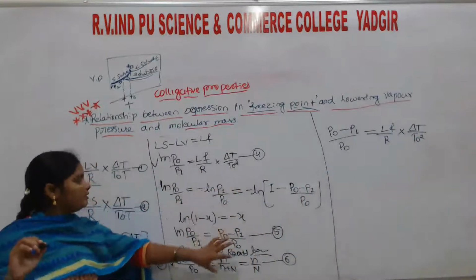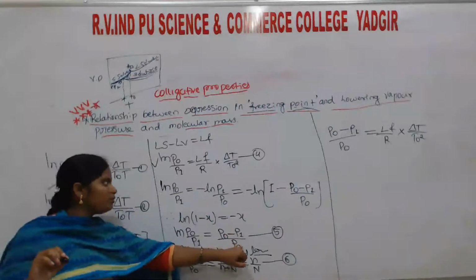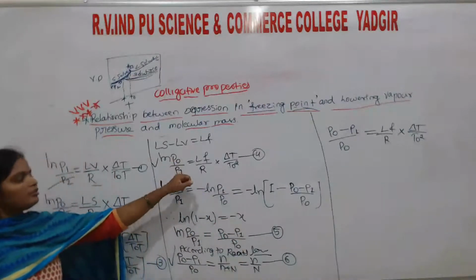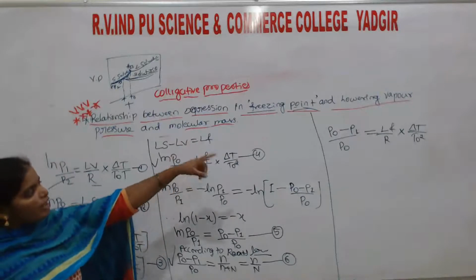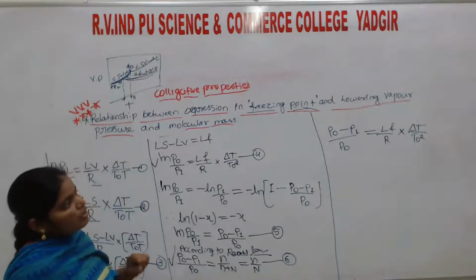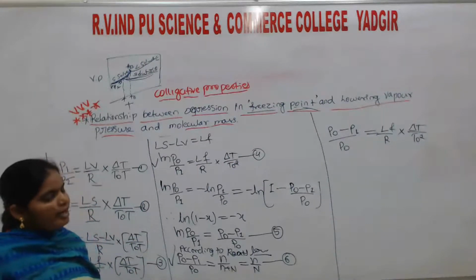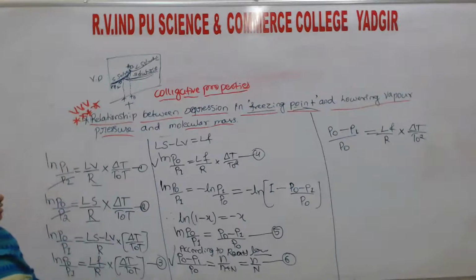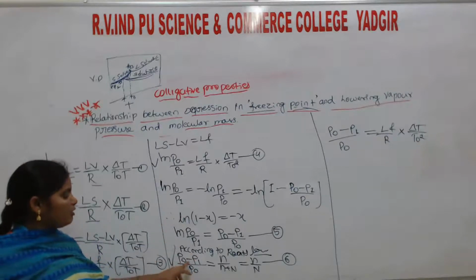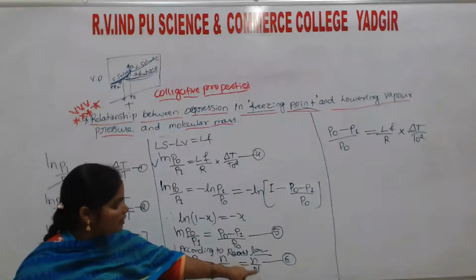I have applied this value, ln of P naught by P1, P naught minus P1 to P naught. Here equation number 4 gives P naught minus P1 divided by P naught is equal to LF divided by R into delta T divided by T naught square.